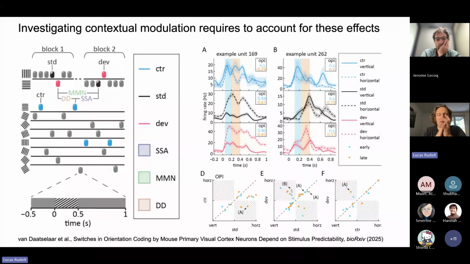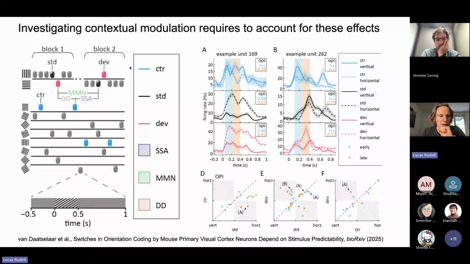However, there's a conclusion that they make, which is the switches in orientation coding depending on stimulus predictability. Because they have the same stimulus in these different contexts, they can also compare the response in the same context, but for the two stimuli. So they get essentially context-dependent orientation preference.